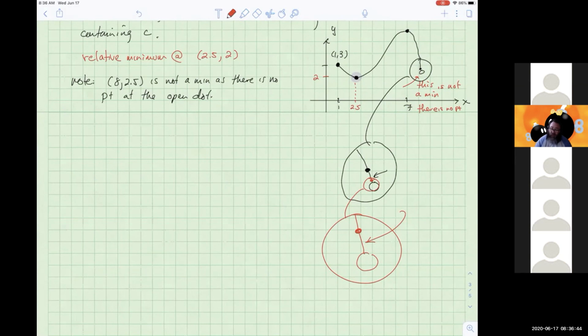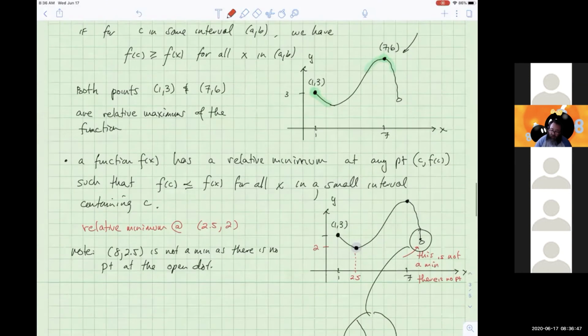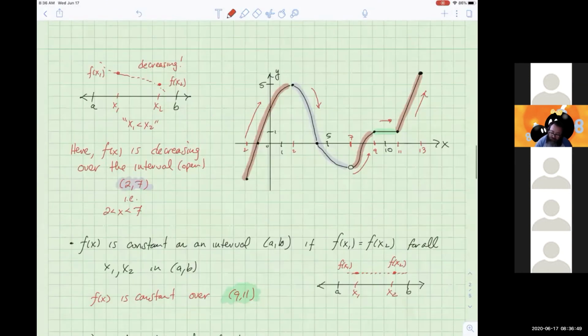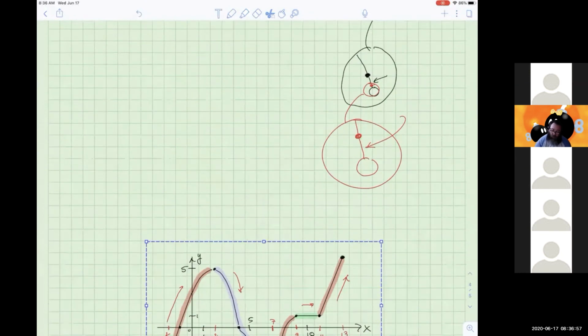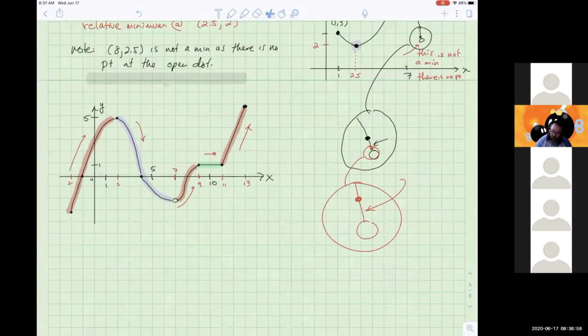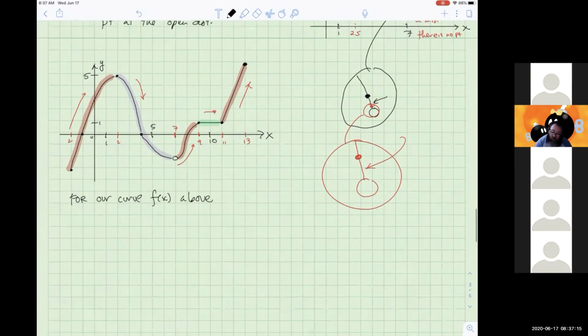Now, in terms of our graph that we had up here, for our curve, f of x above, let me erase some of this color here. Oh, step back, Jack.